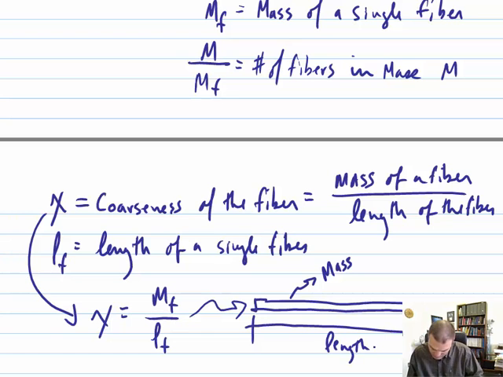To determine the coarseness of this rope, all we would have to do is go down to our balance, place our rope on that balance, and measure how much it weighs, take our ruler, measure its total length, and that would give us our mass and our length. To determine the coarseness, we would simply divide the mass by the length.